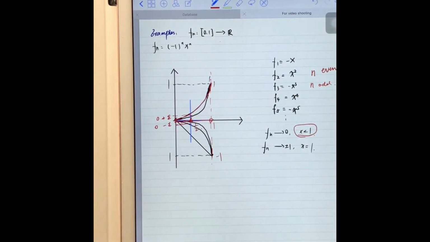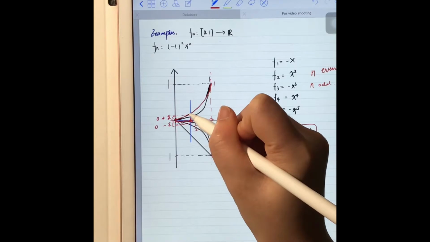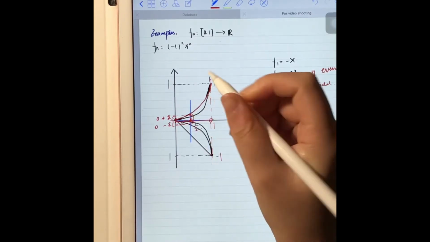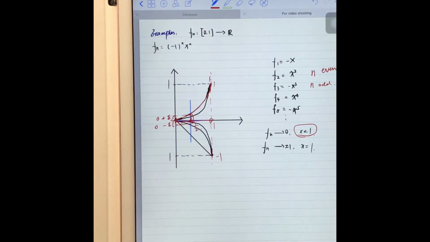That is to say, these values will be contained in this interval, right? So it is pointwise convergence. That is when x is smaller than 1.